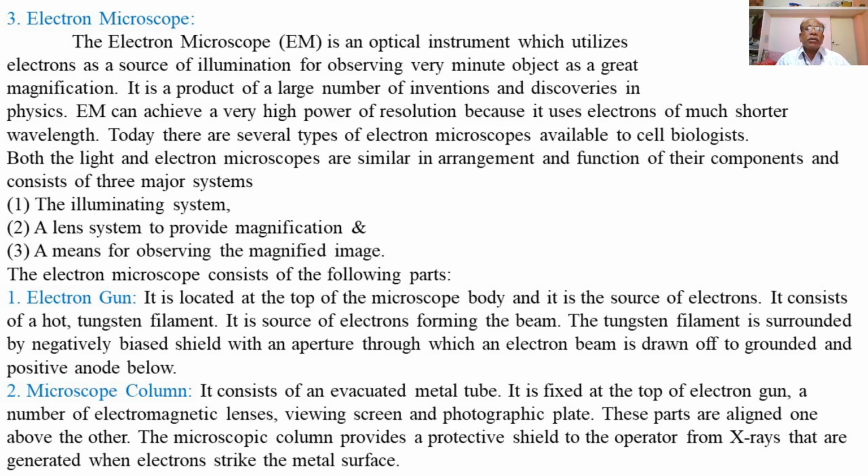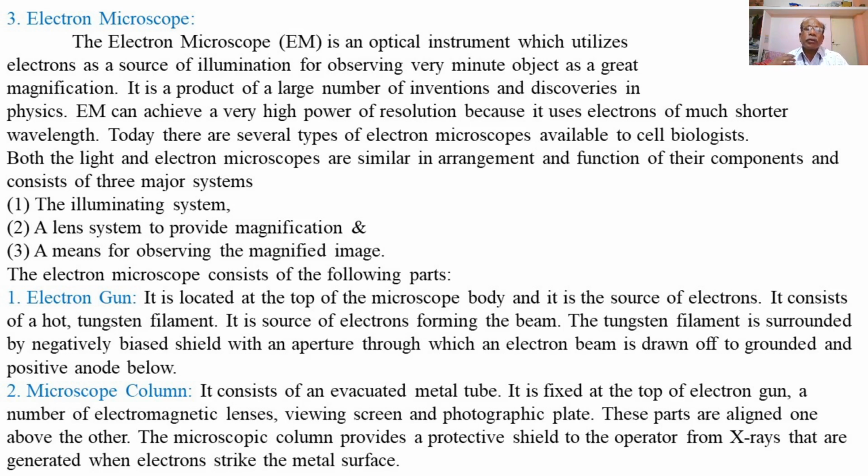Then the second component of the electron microscope, that is the microscope column. It consists of an evacuated metal tube fixed at the top of the electron gun.